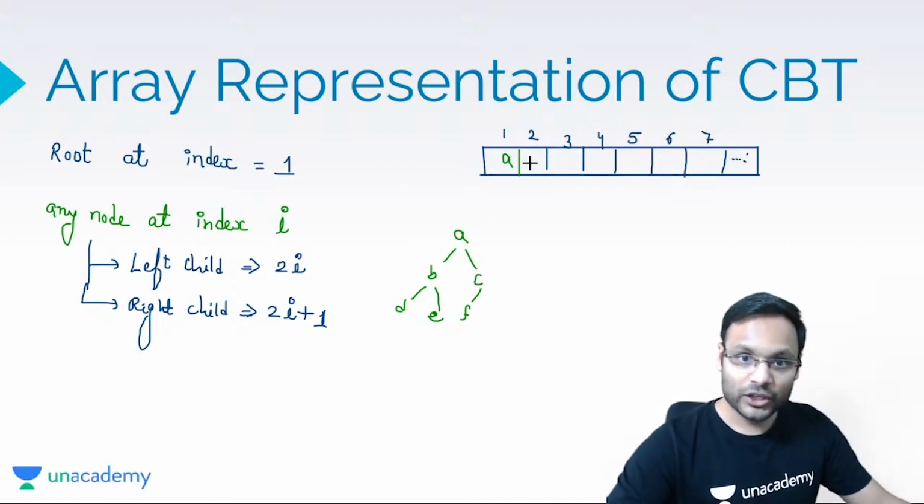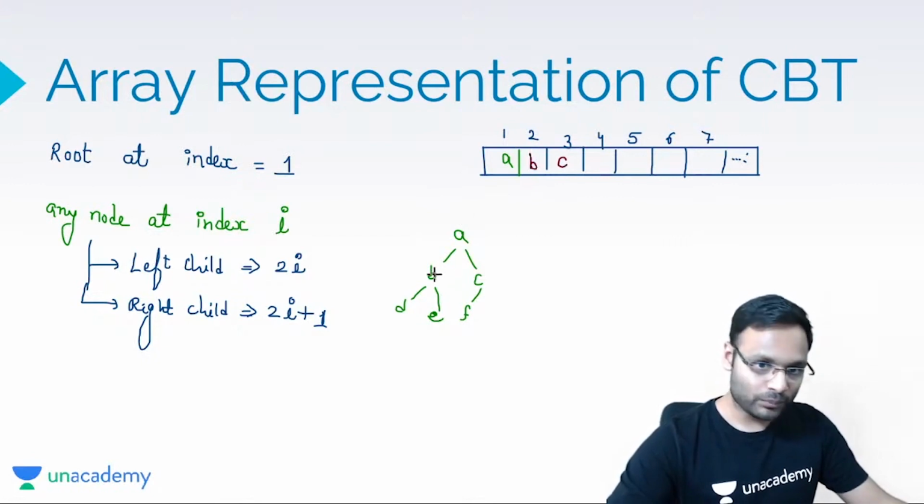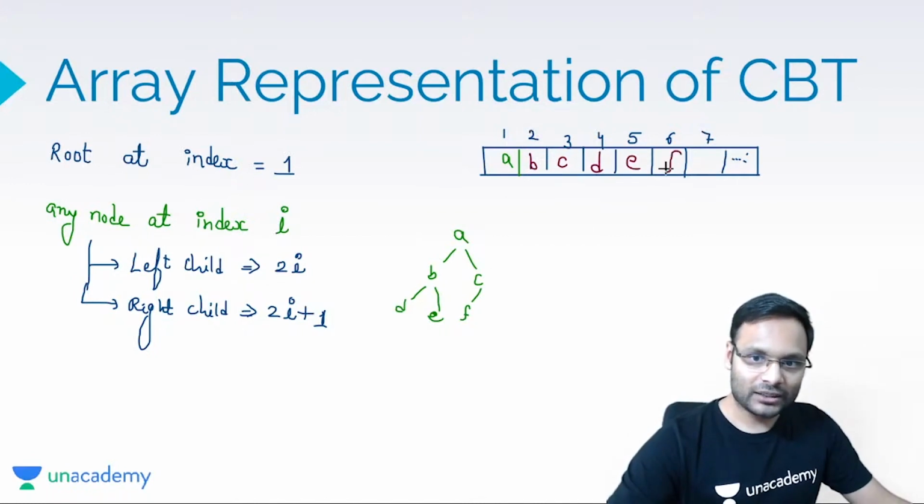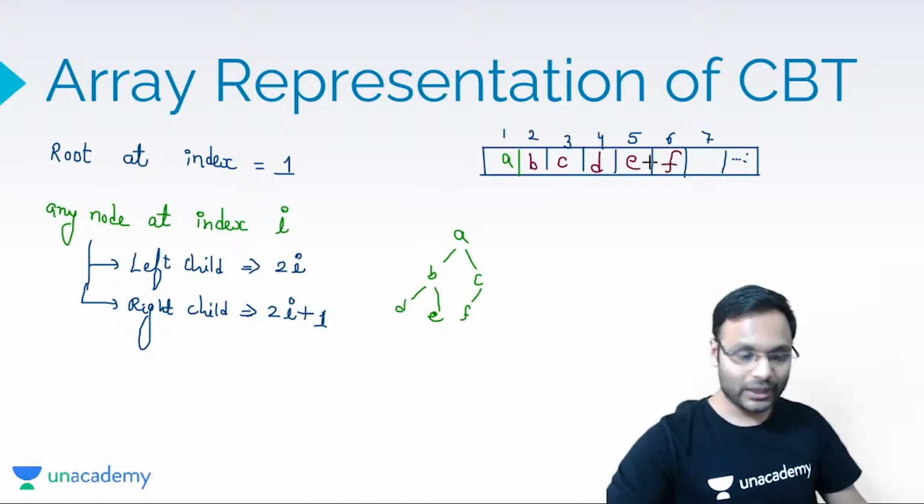Then left and right child. A's left will be 1 into 2, right will be 2 plus 1, 3. B is at 2, so 2 into 2, 4. Left child at 4, right child at 4 plus 1. Like this way you can store.